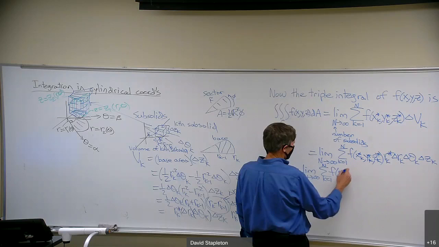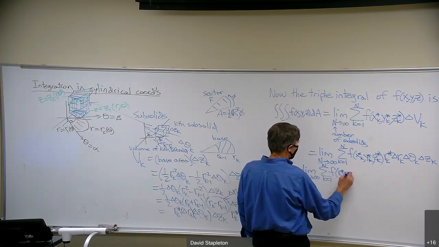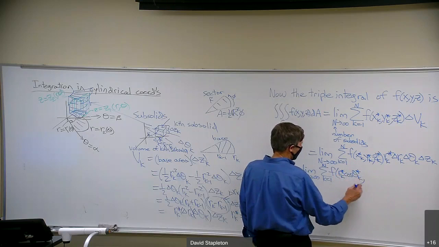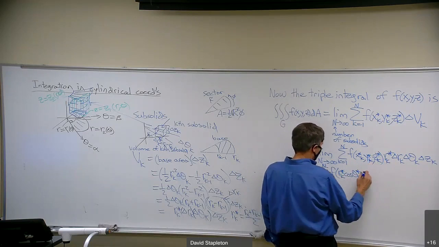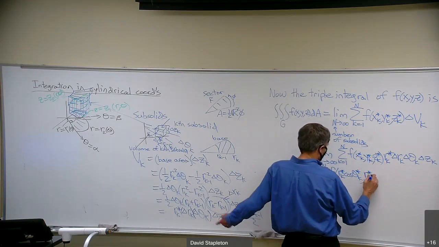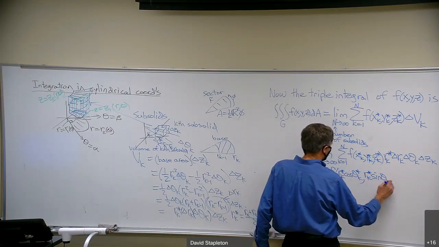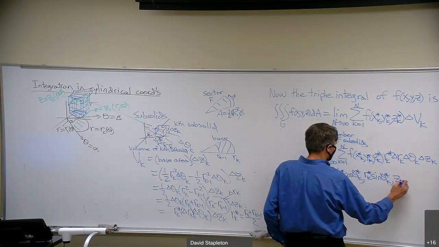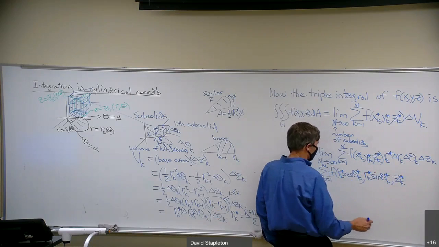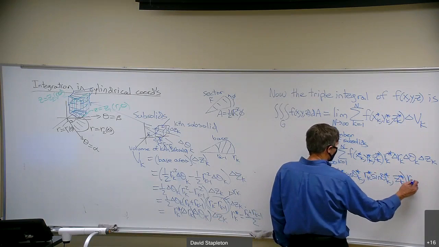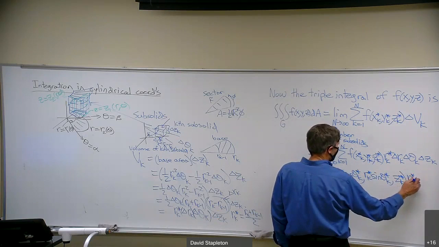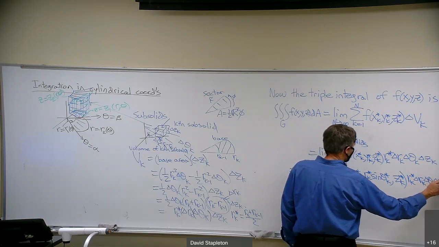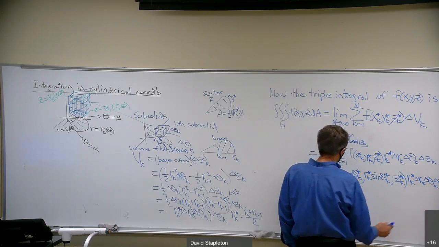Our xk star could be rk star times cosine theta k star, any angle in the increment. yk star could be rk star, the average radius, times the sine of any angle in the increment, theta k star. And zk star just remains zk star, any z in the kth increment. And then times rk star delta rk delta theta k delta zk. And now the question is, what is that?